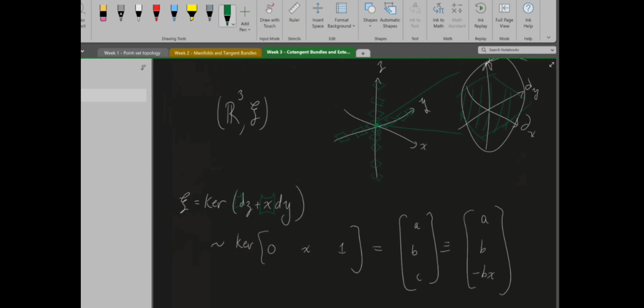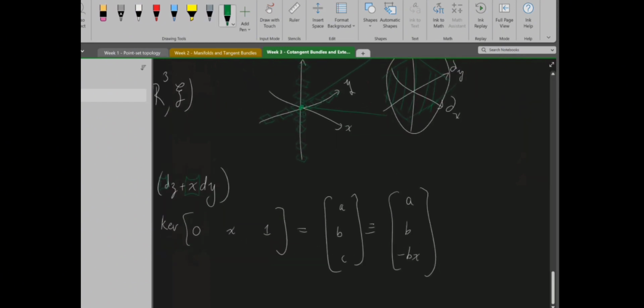Okay. And then as you walk in the x direction, what's happening? Well, you suddenly need that you can pick anything for a and b for the most part. And then the third component, if x goes up to a positive number, then the z part, if b is positive, goes to negative.